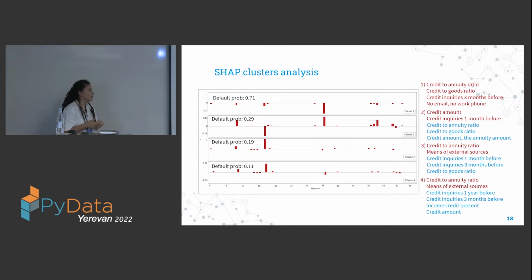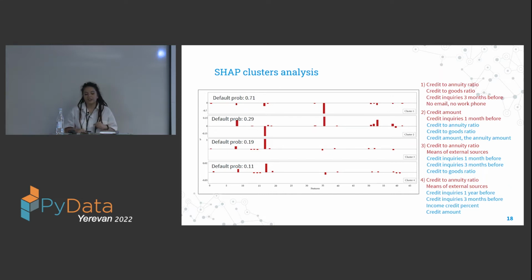But then we move to the SHAP clusters analysis. It was suggested to use k-means clustering and then do the regression analysis on these clusters, or we can do centroid analysis; both give really interesting results. We got 4 clusters with k-means, and it's important to mention that on this big data set, the default probability was 0.4, so 40%.